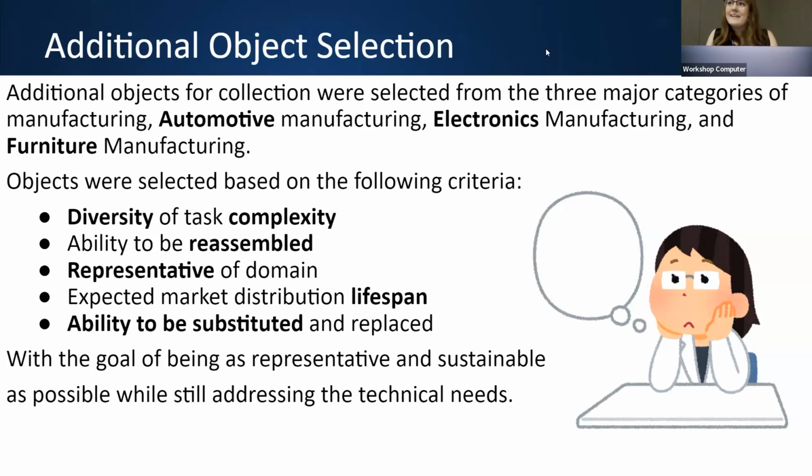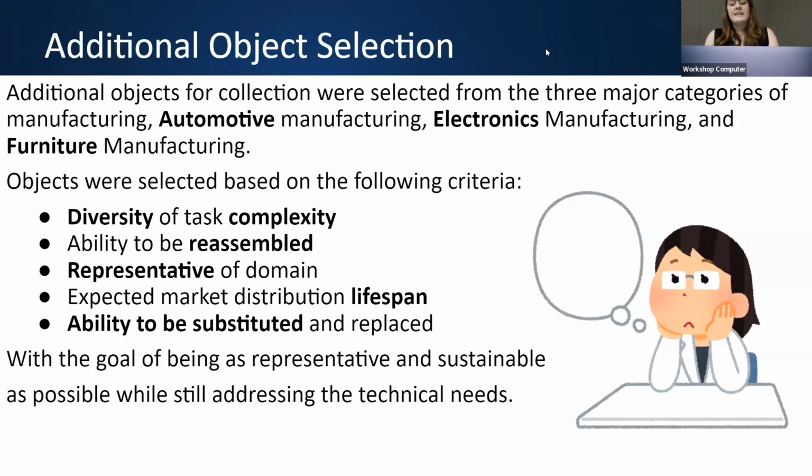To avoid having a bunch of assemblies of the same object in your lab piling up over time, we wanted things that were reusable and a little bit more economical. We wanted them to be representative of the domain. So we tried to avoid things like toys that represent a manufacturing task. There is still a model, but it is a very detailed model, and not necessarily, I would say, a toy.